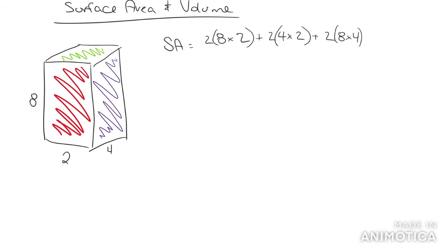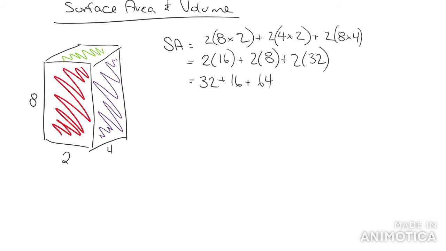And now we have to follow BEDMAS. So we do the multiplications first in the brackets. So we have 2 times 16 plus 2 times 8 plus 2 times 32. Now we multiply out the brackets. 2 times 16 is 32, 2 times 8 is 16, 2 times 32 is 64.